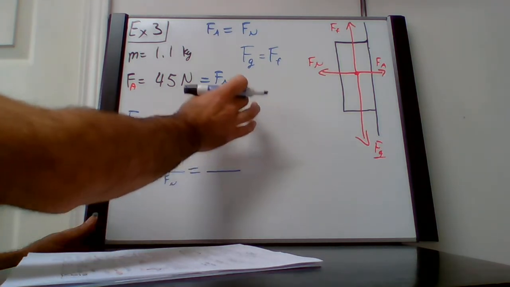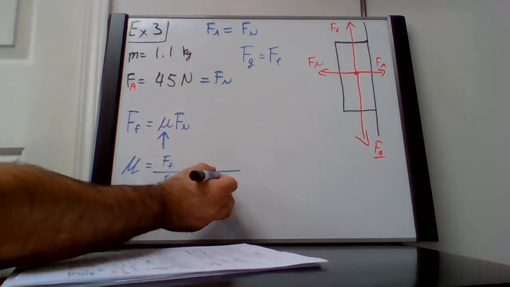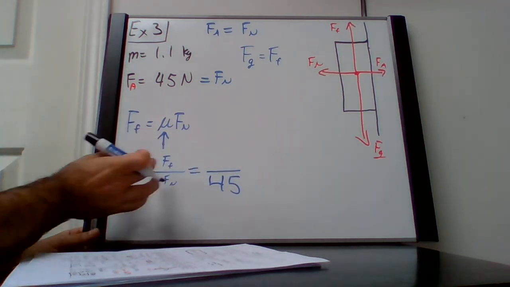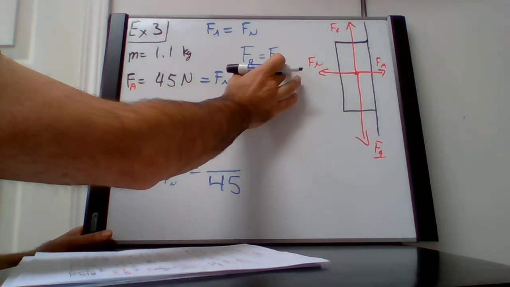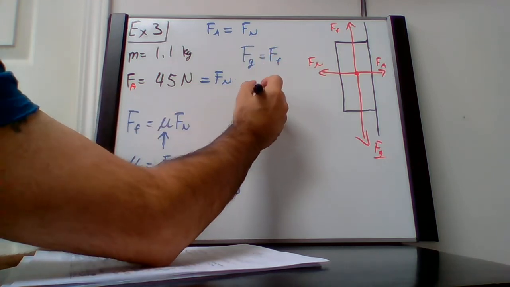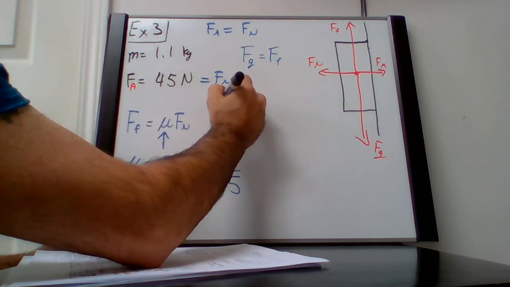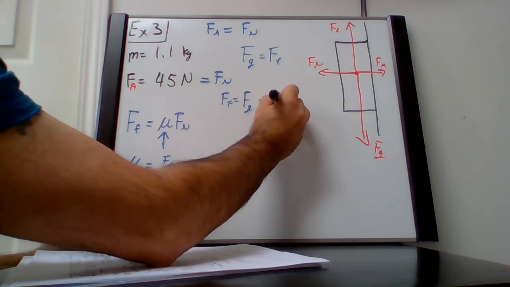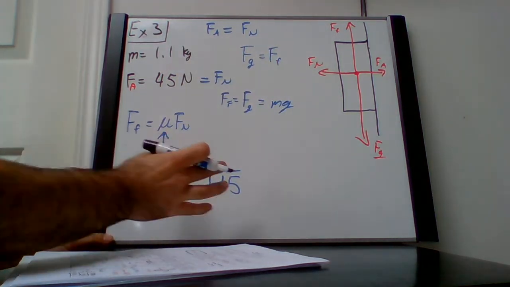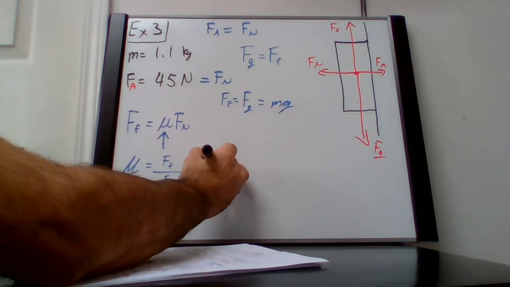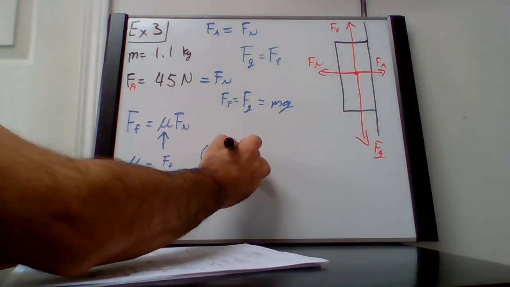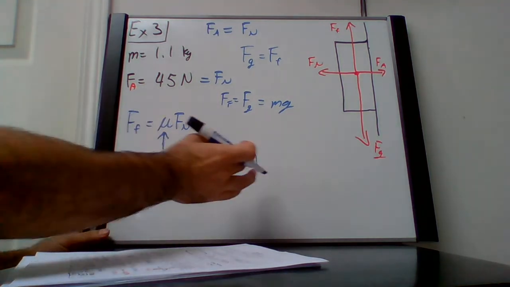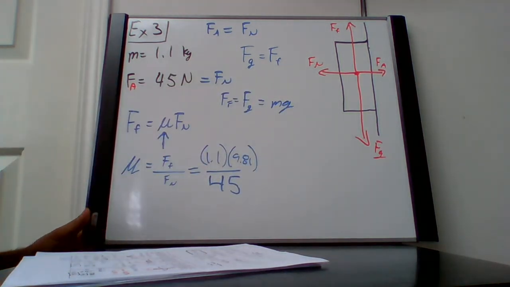We also know that we have this 45 newtons for our normal force. Our force of friction we said is up here is our Fg. So if Ff equals Fg equals mg, then my force of friction is going to be this 1.1 kilograms times the 9.81 meters per second squared that we use for gravity.